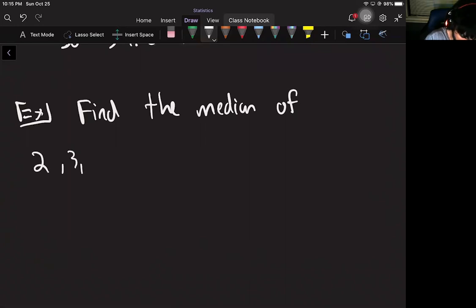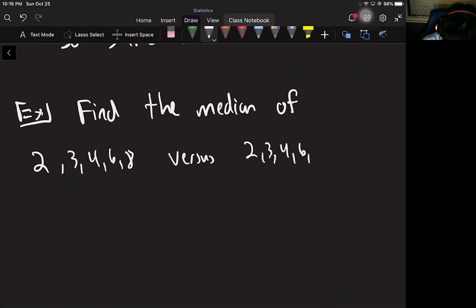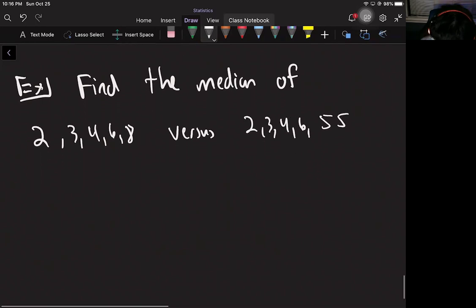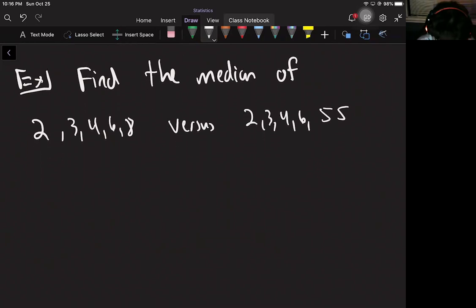So 2, 3, 4, 6, and 8 versus 2, 3, 4, 6, and 55. So when I changed a single number, the mean changed completely. 4.5 became 10, if you remember.